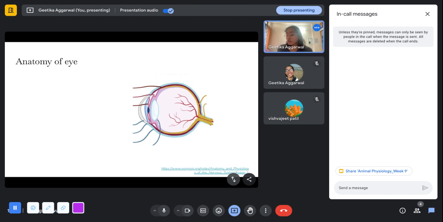Hello, yes. So, can you label this diagram of an eye for me? What is this layer in the front of the eye? You can actually type it out in the chat box because I am unable to hear you.